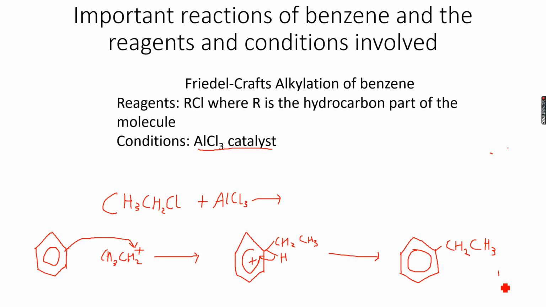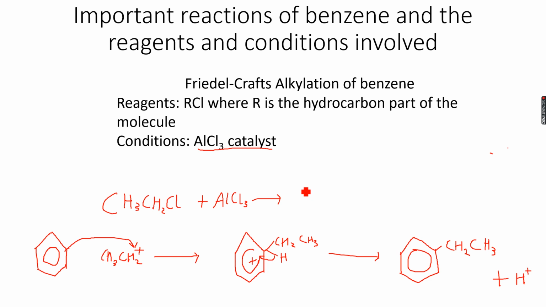And I've also forgotten to add my H plus over here, very important. The byproduct of this reaction, you will lose marks if you do not show that H plus has left this molecule. So please remember, don't forget like I did.